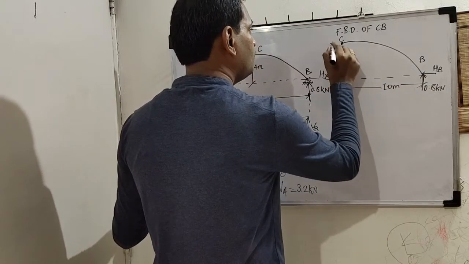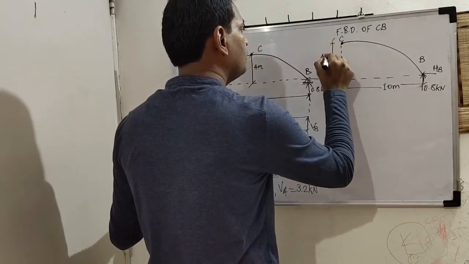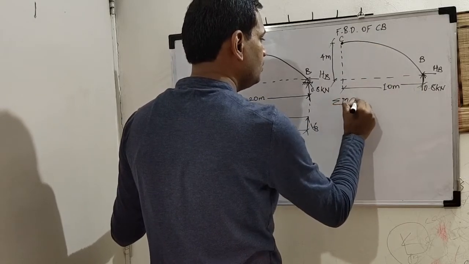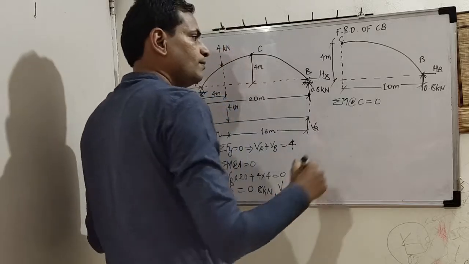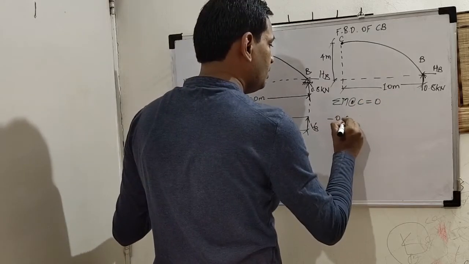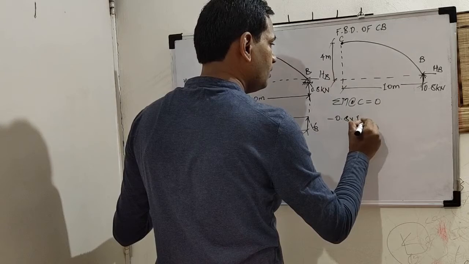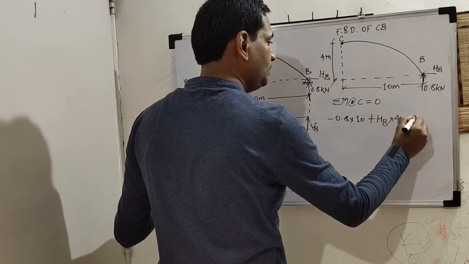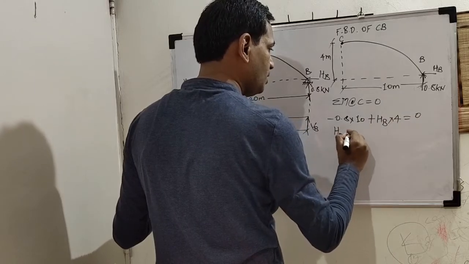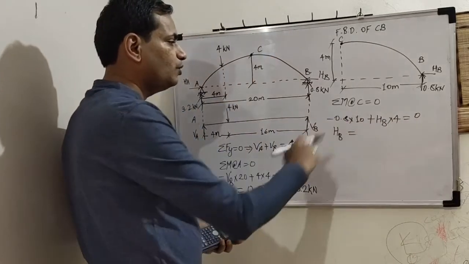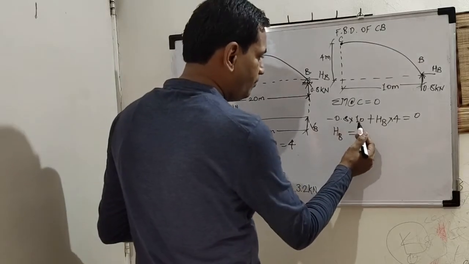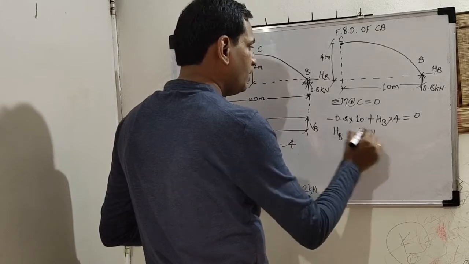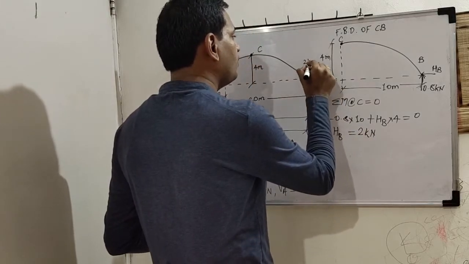And vertical is 4 meter, it is given, central rise. For this free body diagram, we apply summation of moment about C is equal to 0. So we get minus 0.8 into 10 plus HB into 4 is equal to 0. From this, HB is how much? 8 upon 4. 0.8 into 10 is 8, and 8 upon 4 is 2. So HB or HA is equal to 2 kilonewton, correct?